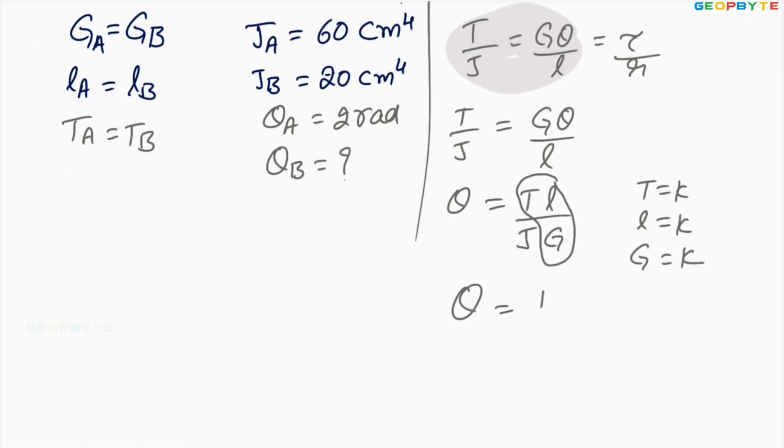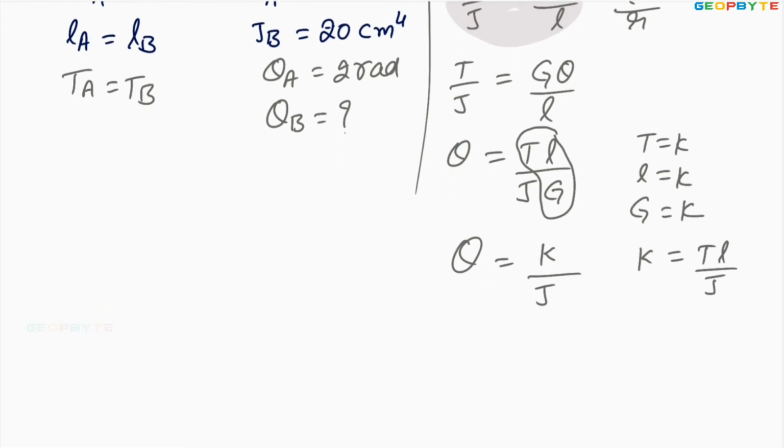Theta equal to some constant K by J, where that constant K equal to TL by G. J is given in the problem. Then theta A equal to K by JA, and theta B equal to K divided by JB.